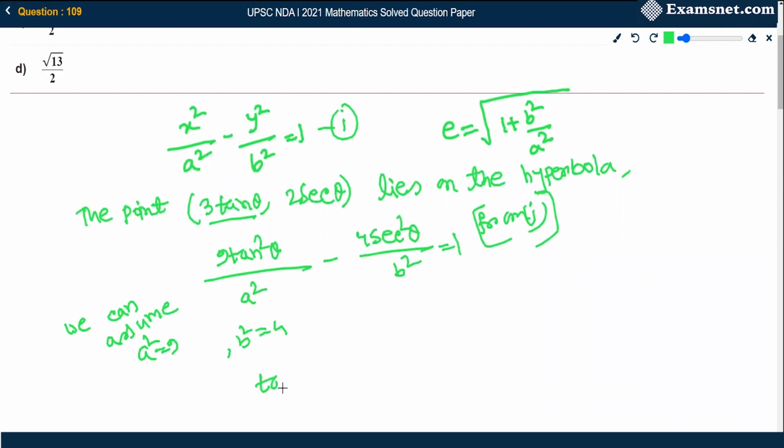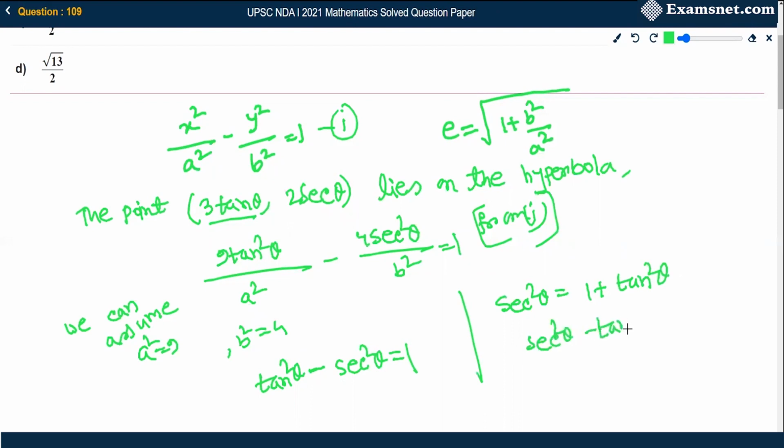So we will get tan square theta minus sec square theta equals 1. But from the standard identities of trigonometry, we know that sec square theta equals 1 plus tan square theta, correct? That means sec square theta minus tan square theta equals 1. So these two contradict each other. If I write it in terms of tan square theta, it should look like tan square theta minus sec square theta equals -1.